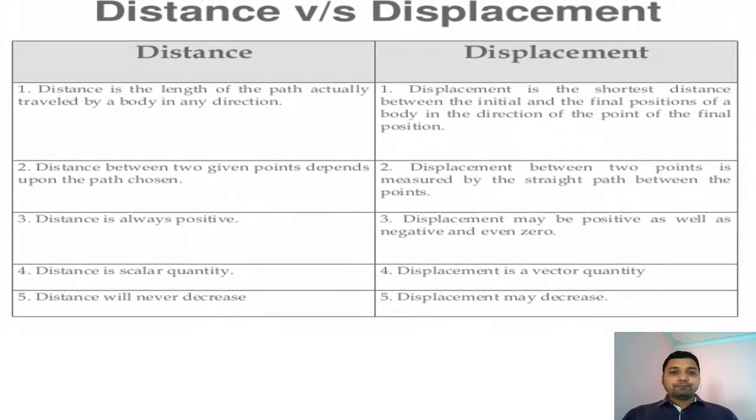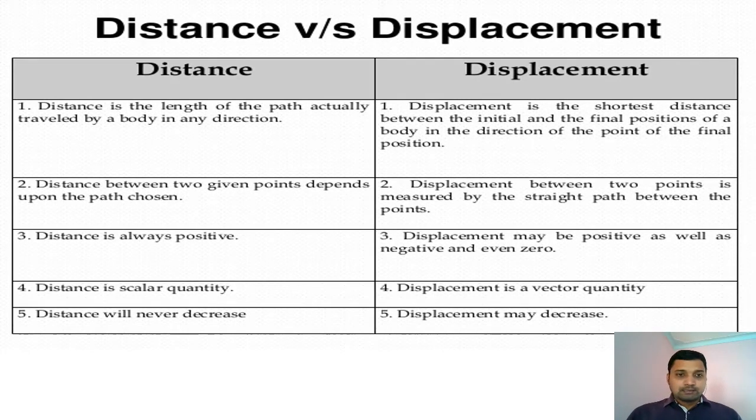Now the difference between distance and displacement: distance is the actual path covered, while displacement is the shortest distance between two points. Distance depends upon which path we choose; we can go the long way or the short way, but displacement is always the shortest path. Displacement can be zero, but distance cannot be zero.